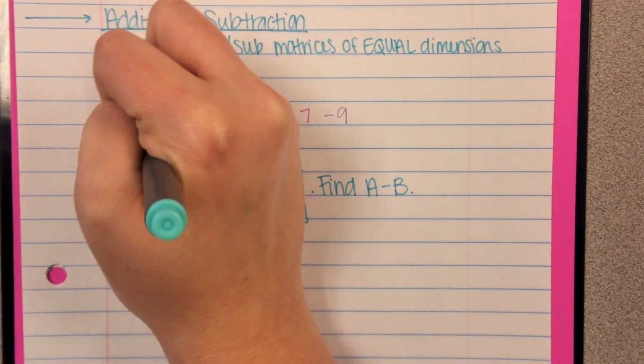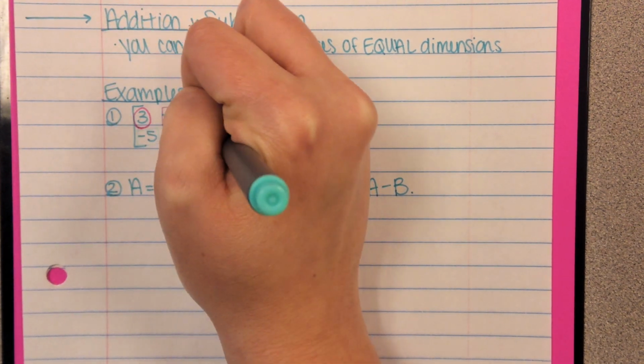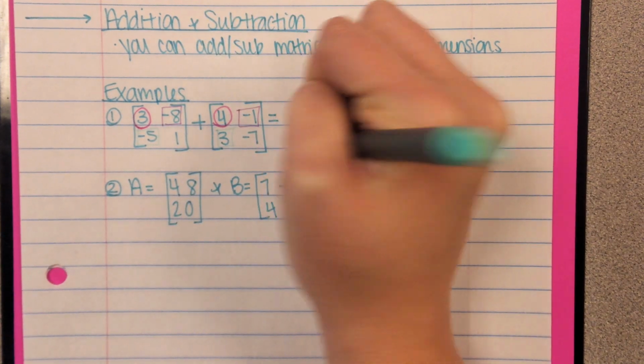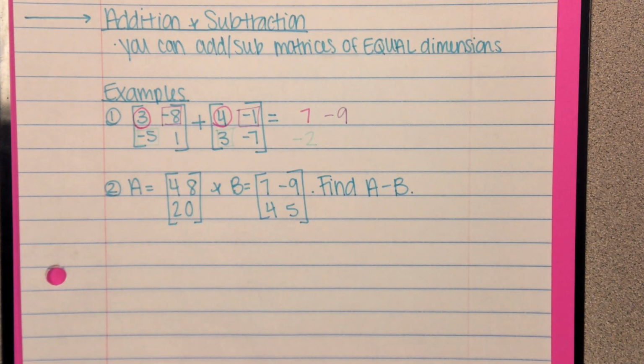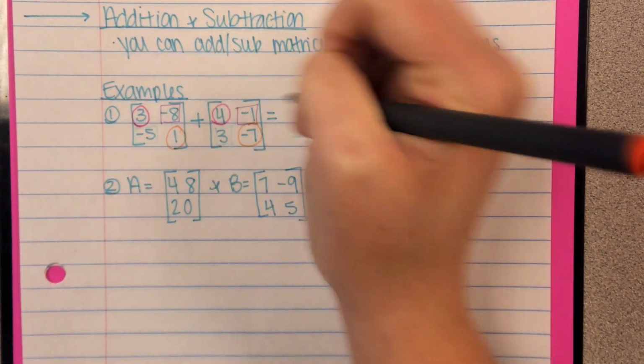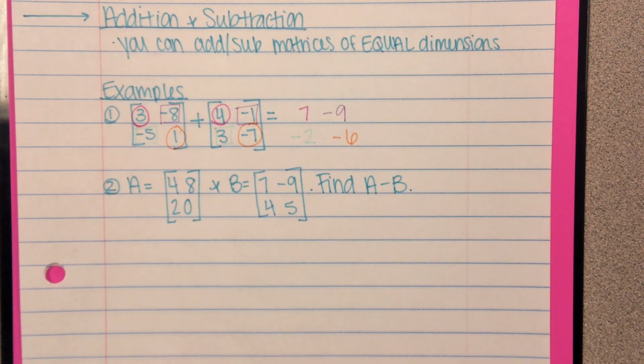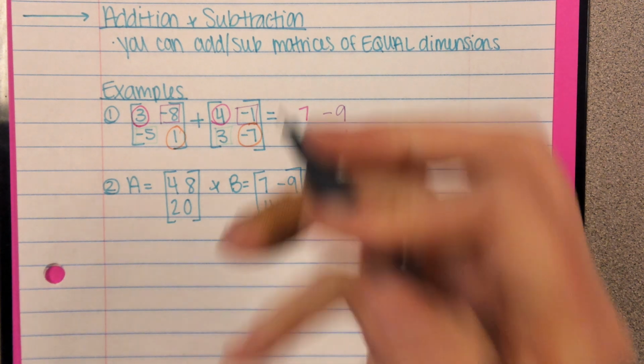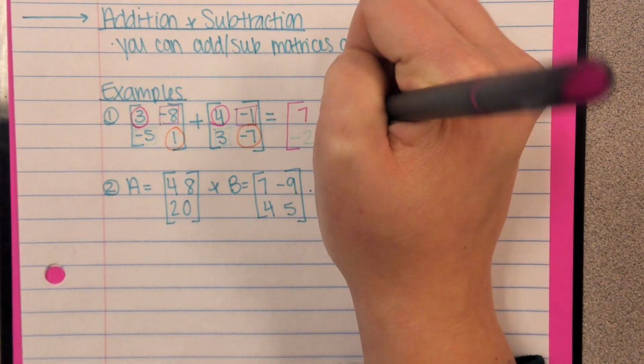And -5 plus 3 is -2. And then 1 and -7 is -6. Okay, so that's our answer.